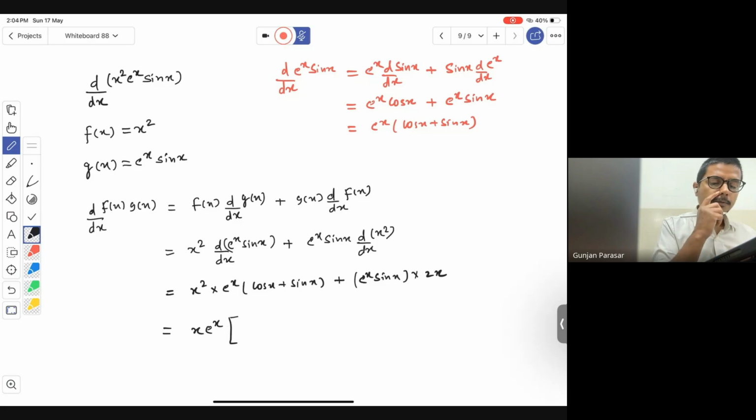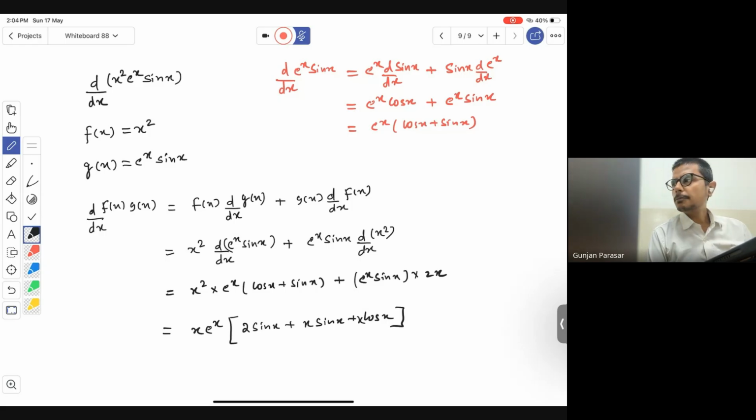So what it becomes is x sin x plus x cos x plus 2 sin x. So I can write it down as 2 sin x plus x sin x plus cos x. Option A looks correct, no? X cos x. I hope this is clear, no? So 2 times we applied the product rule, sort of. Clear, no?